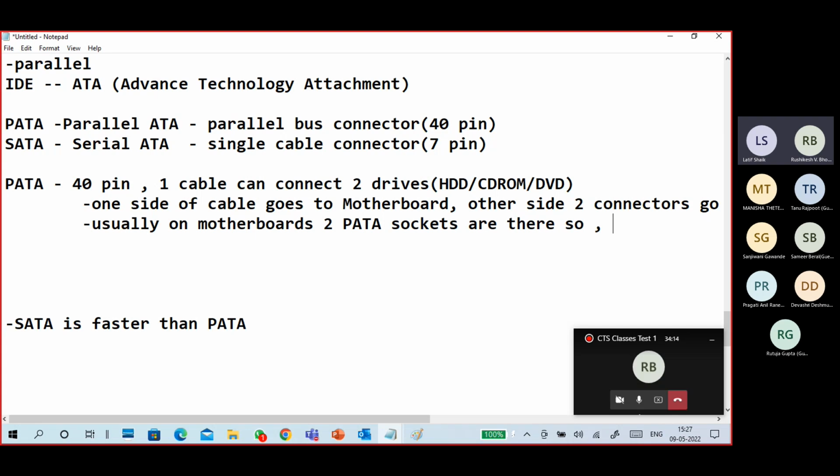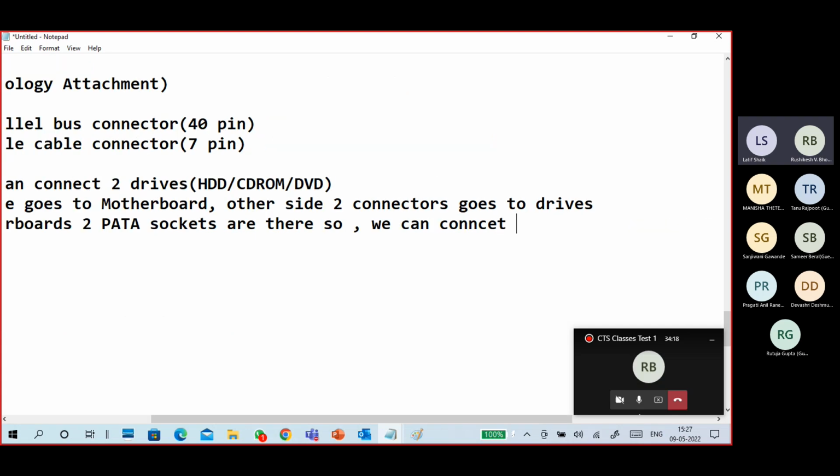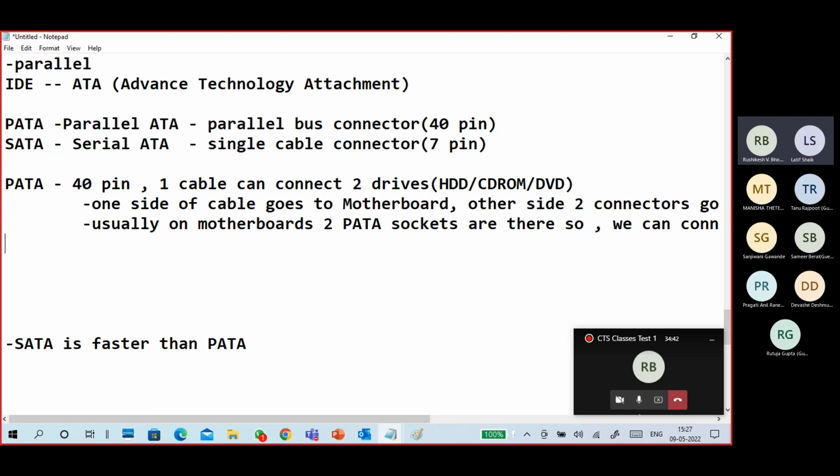So we can connect 4 drives: one socket, one cable, two devices. Two sockets, two cables, each cable with two devices. Totally 4 drives you can connect.